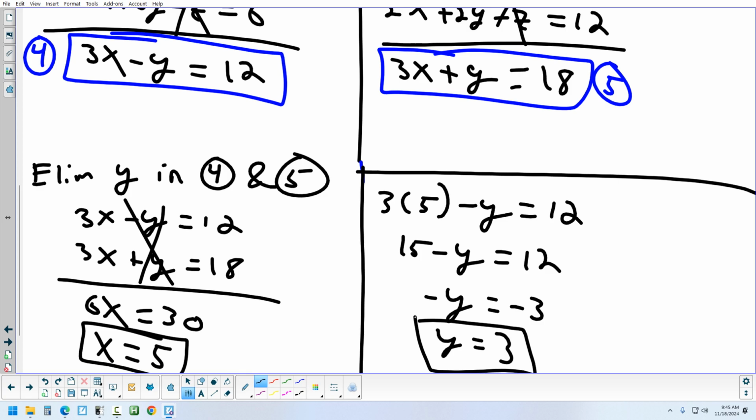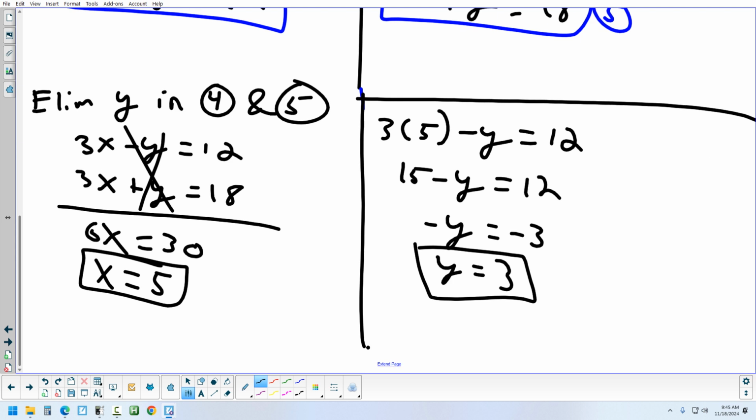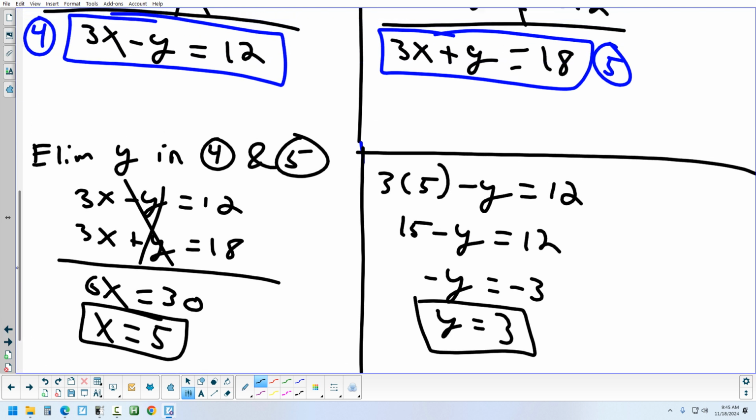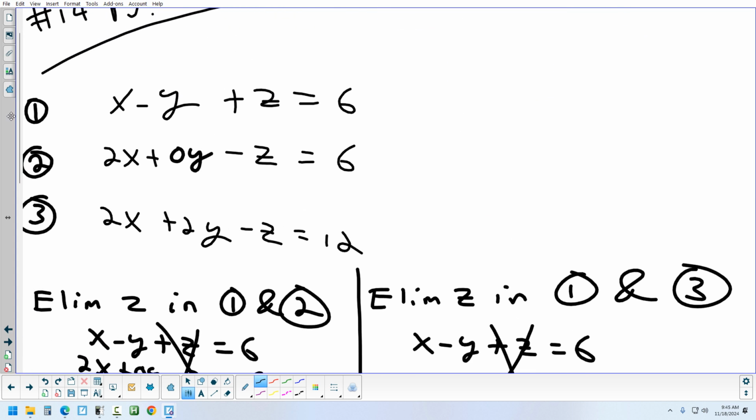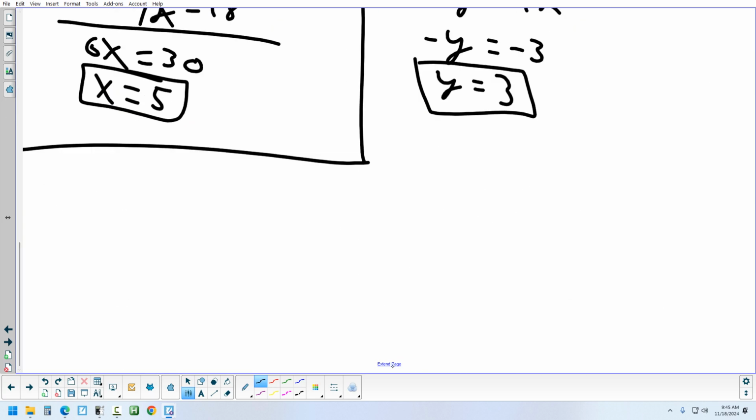Coming pretty quick after the first one. And what's the last one we don't have? Z. So let's find the simplest one, and we'll fill in x and y. Which one do you think is the simplest one there to find z? The second one, because you don't even need y. It's just 2x minus z equals 6. Okay, and what did we get for x? 5.